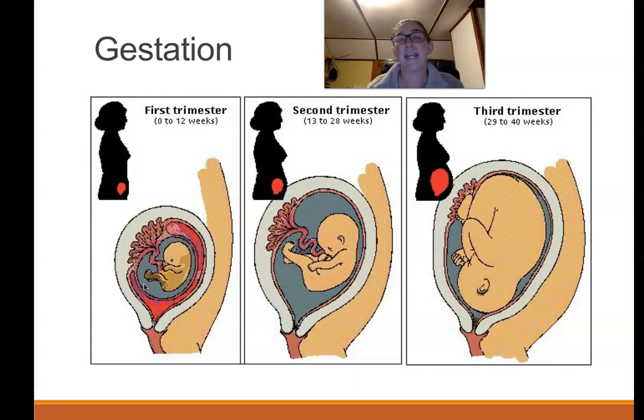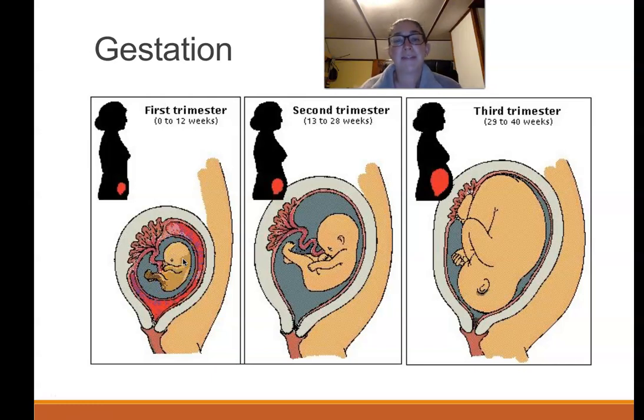Something like 80% of miscarriages occur in the first trimester. That's why a sort of cultural norm in Western culture is often to wait until the end of the first trimester before telling people that you're pregnant, because that first trimester is definitely more risky.